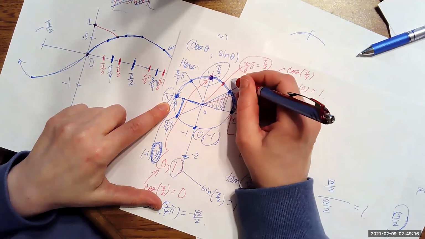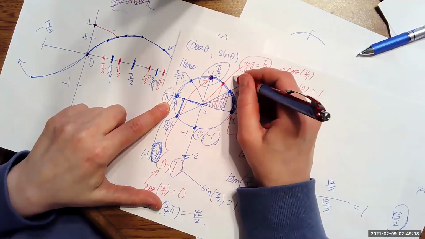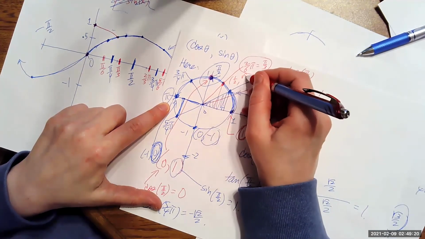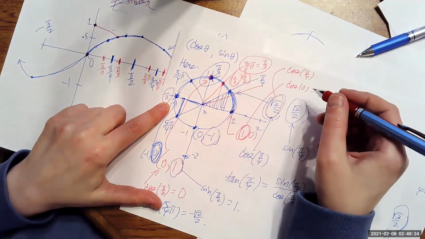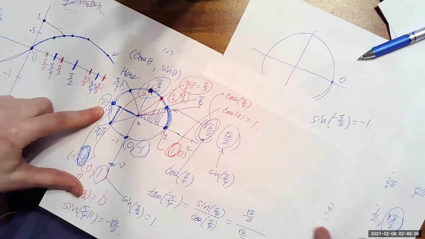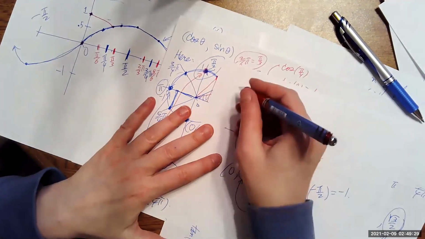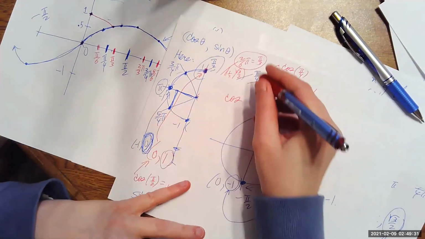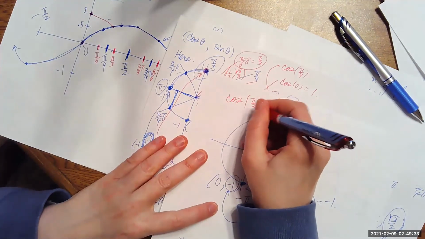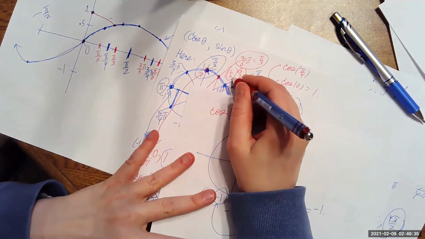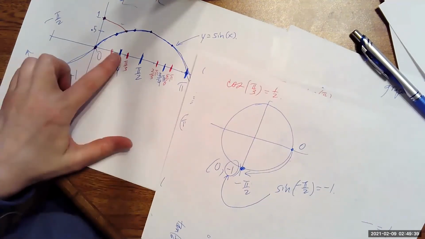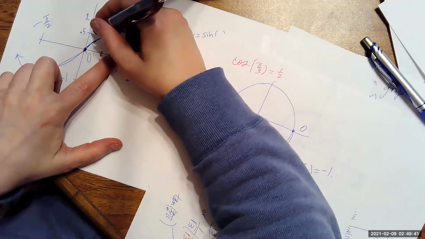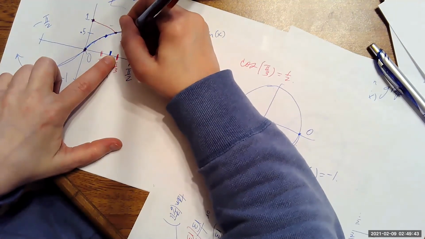Get the coordinates there, over a half and up square root of 3 over 2. The first one is the cosine, so the cosine of pi over 3 is this first coordinate here, a half, which means when we plug in the input pi over 3, our height should be 0.5 right there.